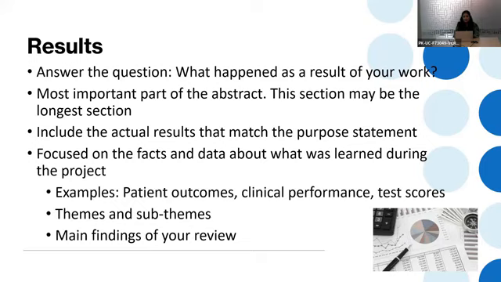Focus on the facts and data about what was learned during the project. For example, if it was a quantitative study, you will write the actual numbers: attrition rate, prevalence rate, quality of life scores, clinical performance scores, any test scores, etc. If it was a qualitative study, you will write that your research led to the following themes, and then state the number of themes: theme 1 name, theme 2, theme 3.